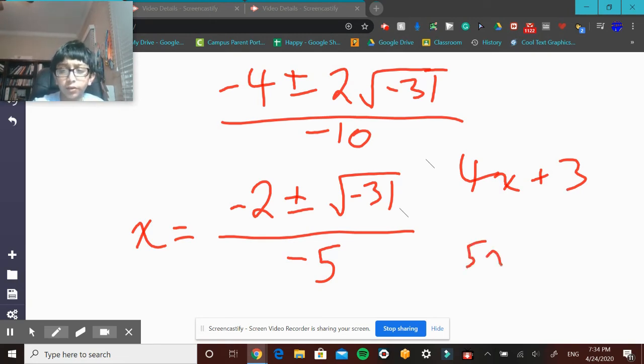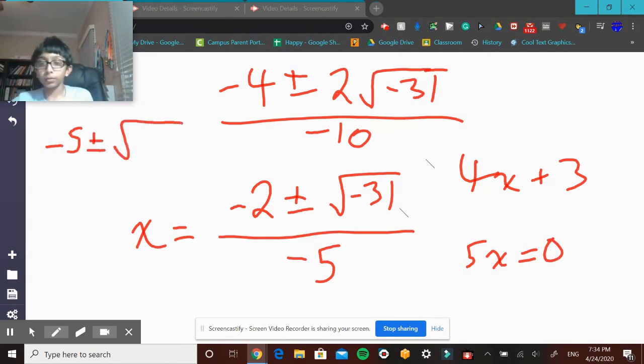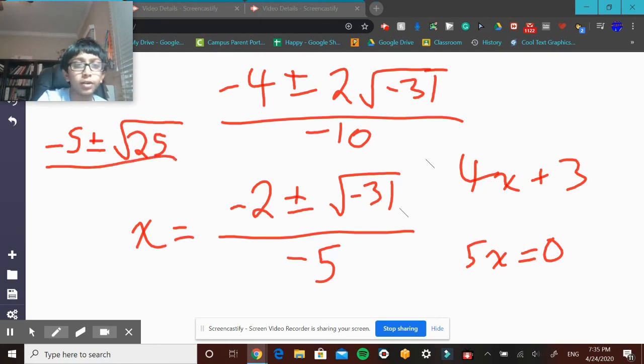Let's say 5x equals 0. Well, first of all, negative b, which is going to be -5, plus or minus the square root of b squared, which is 25, minus 4 times 0, since a is 0, times c, and c is 0. So we just have 25. So 5 plus or minus the square root of 25 divided by 2a, which is 0. And when a is 0, the answer to the quadratic will be infinite, because divide by 0 means error.